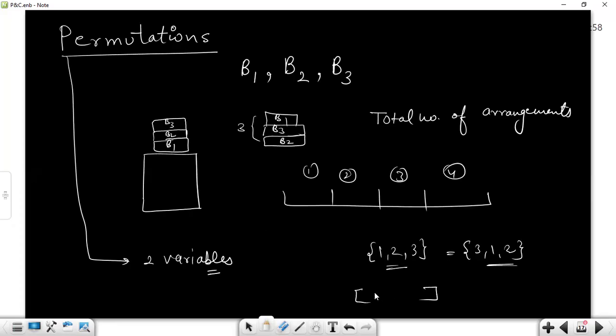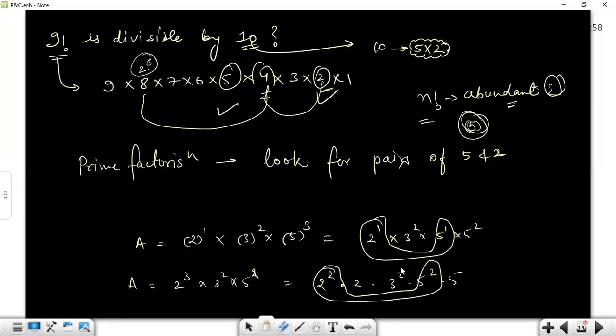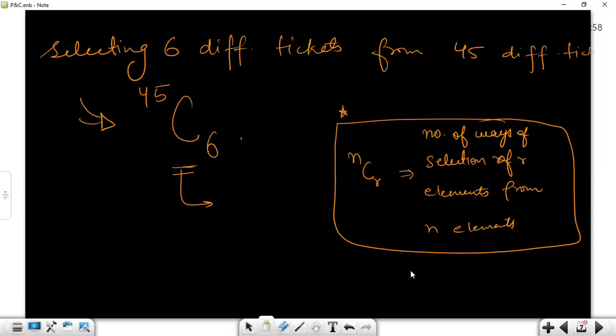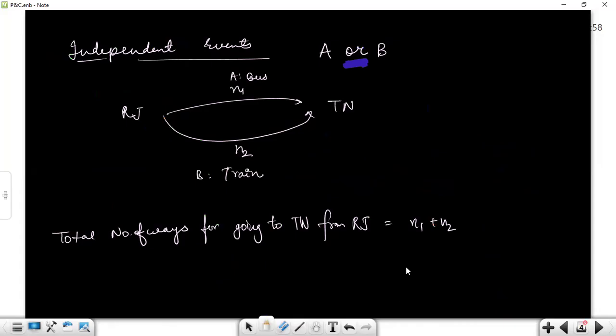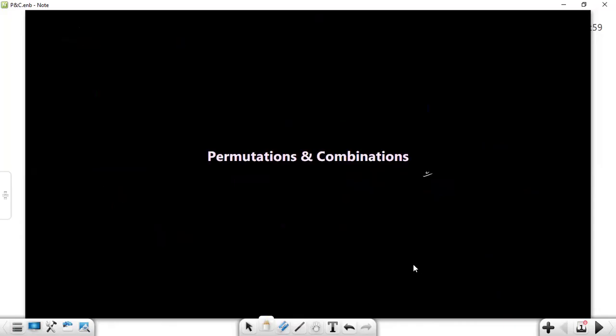For a matrix, they are not equal. Order matters here. Please think over it, and also revise the notes we have studied today: the fundamental principle of counting, dependent and independent events. That is the first lecture of permutations and combinations.